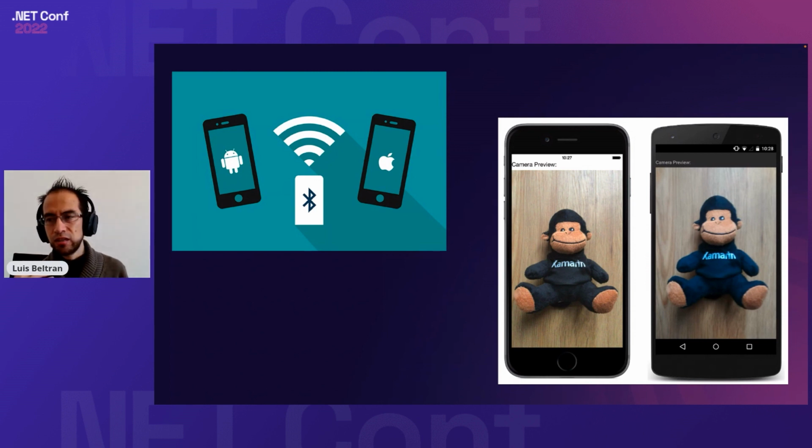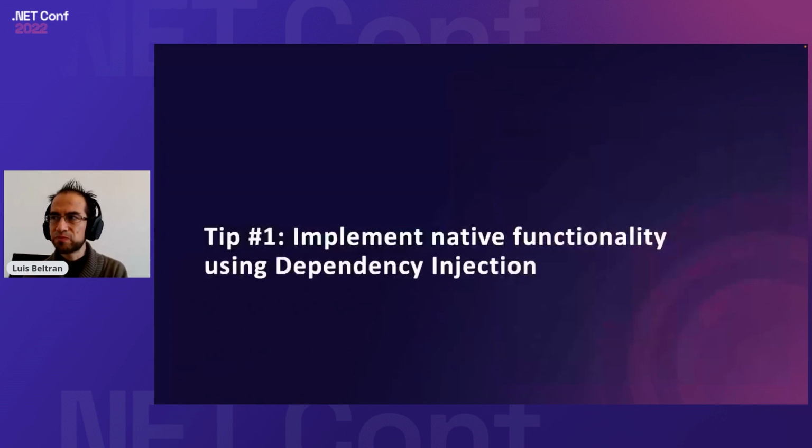In the end, these capabilities of .NET MAUI allow us to take advantage of multi-targeting, partial classes, and dependency injection in order to access platform-specific functionality, behavior, appearance, and so on. And of course, if you go to the documentation, you will find how to do it. But please, let me share some tips that might be useful for you.